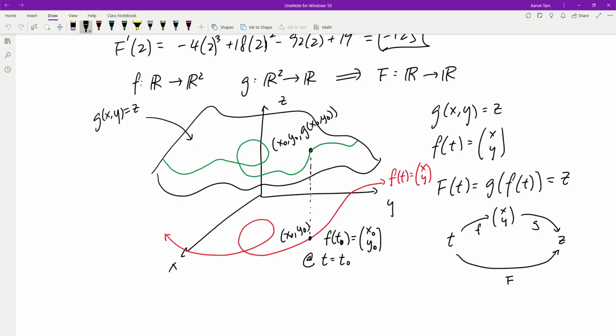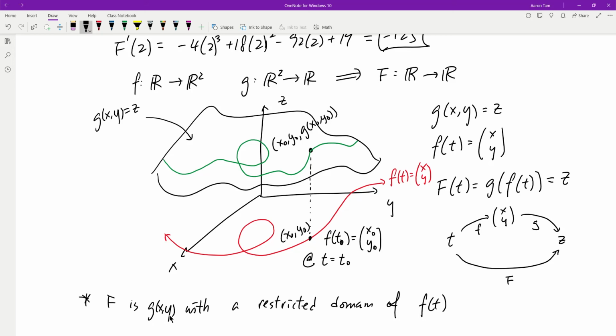So what is actually happening here is the following. When we form this composition F, when we do this, F is basically the function g with a restricted domain of f of t, g of x, y.